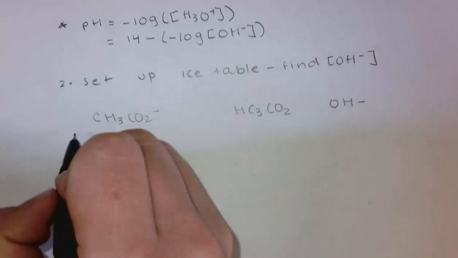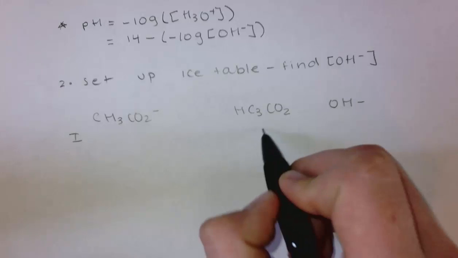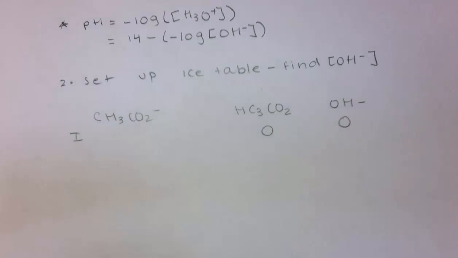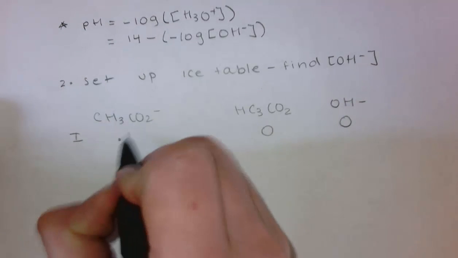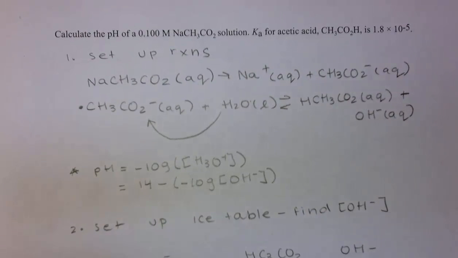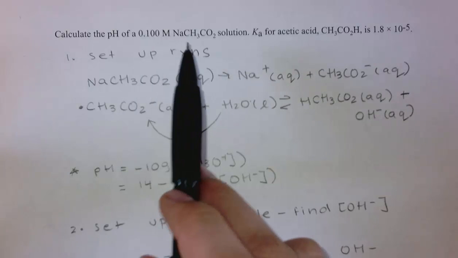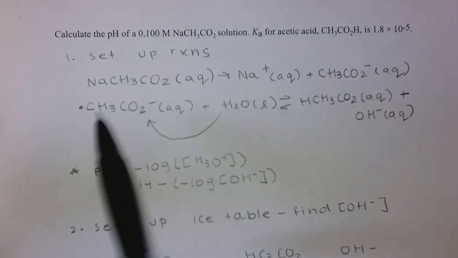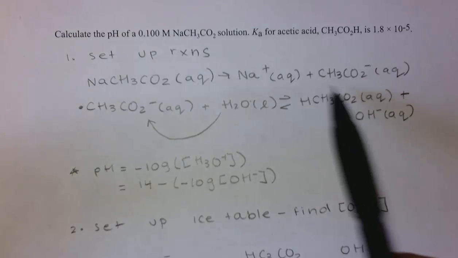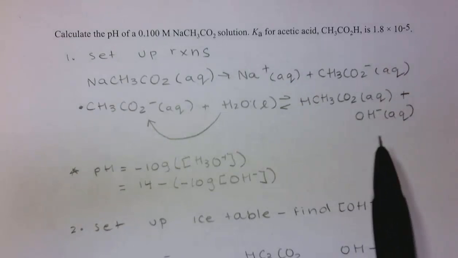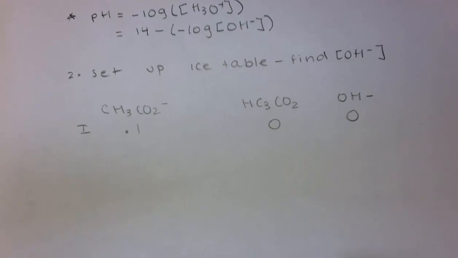So initially, we have no acetic acid and no hydroxide. And we know that we have 0.1 molar acetate. The reason is because in the problem statement we're told we have 0.1 molar sodium acetate. And sodium acetate will completely dissociate in water. So the concentration of the acetate formed will also be 0.1 molar. So that's how I'm getting that value.